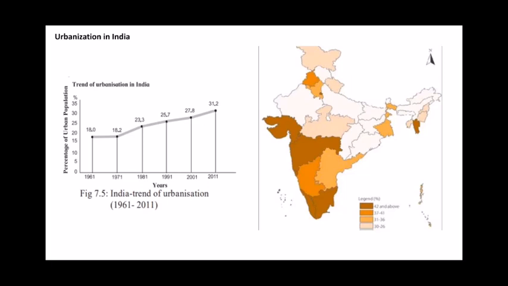So this shows that India has a great tradition of urbanization. Even though today we are slow in urbanization, still it is not that this concept is new to us. We have been urban from our very, very old ancient times.